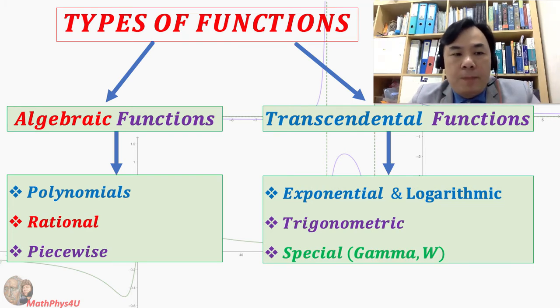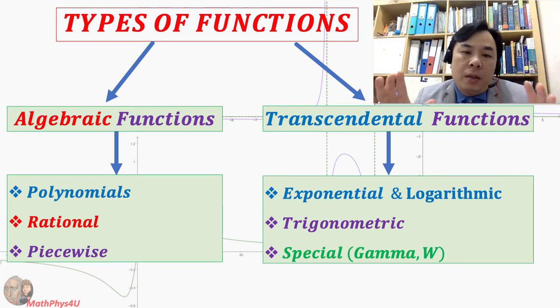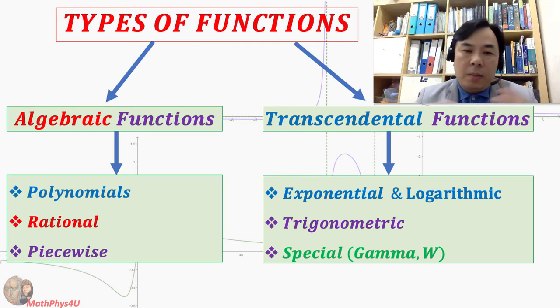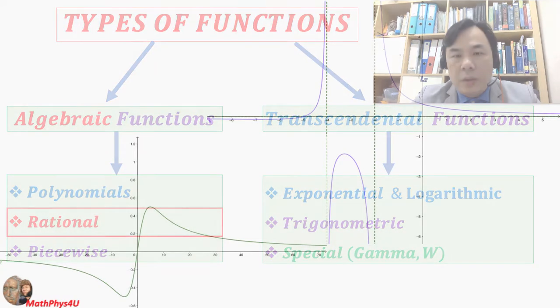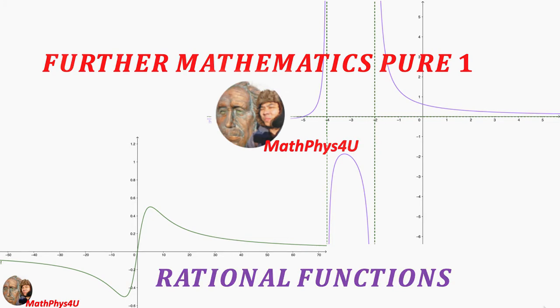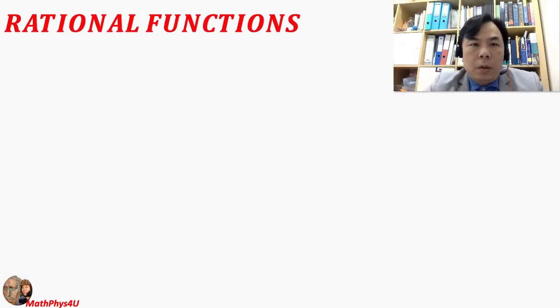You have seen trigonometric functions before, and some of you may have heard of some of the special functions, like gamma, W functions, and so on and so forth. Our focus today, I would like to stress again, is rational functions. All right, our topic is rational function.